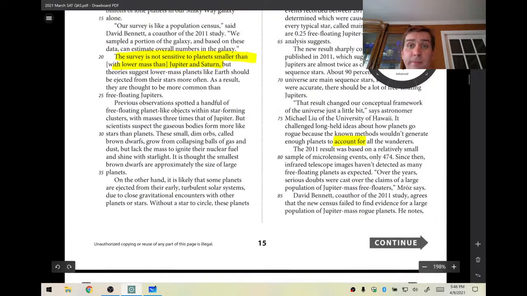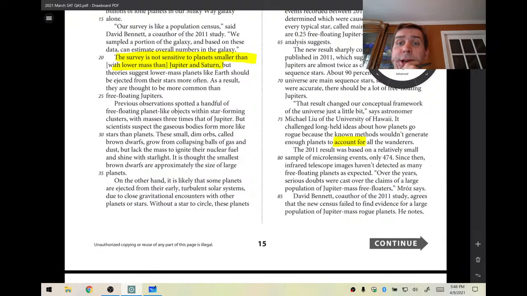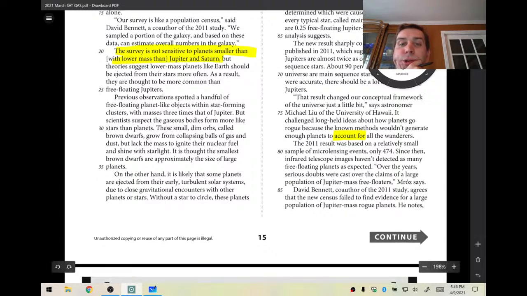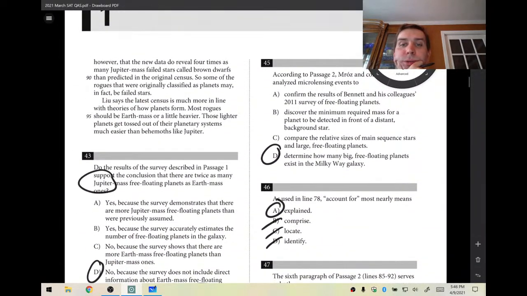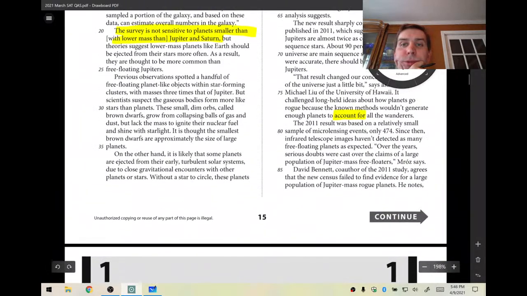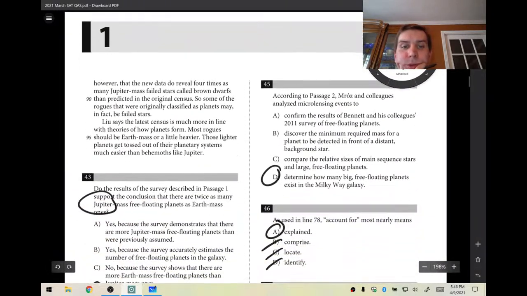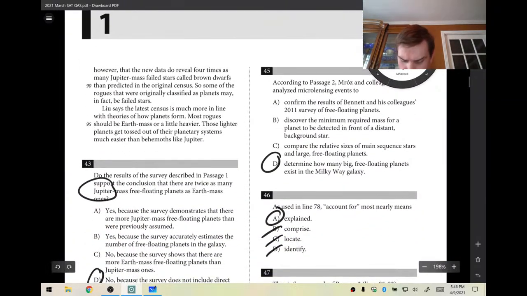Let's try it. It challenged long-held ideas about how planets go rogue because the known methods wouldn't generate enough planets to locate. Wait a second.